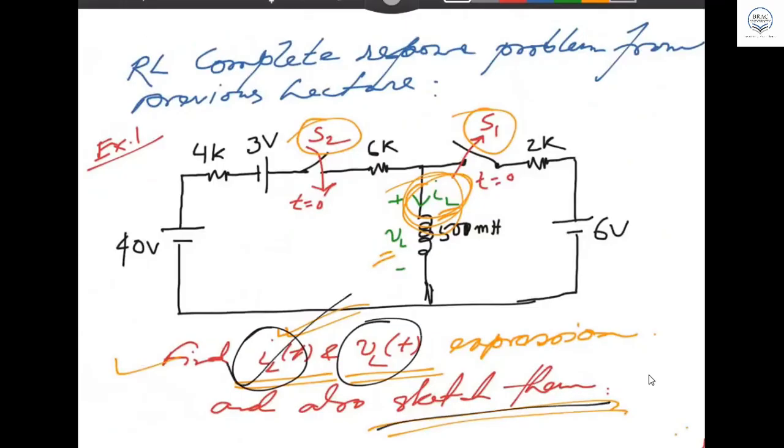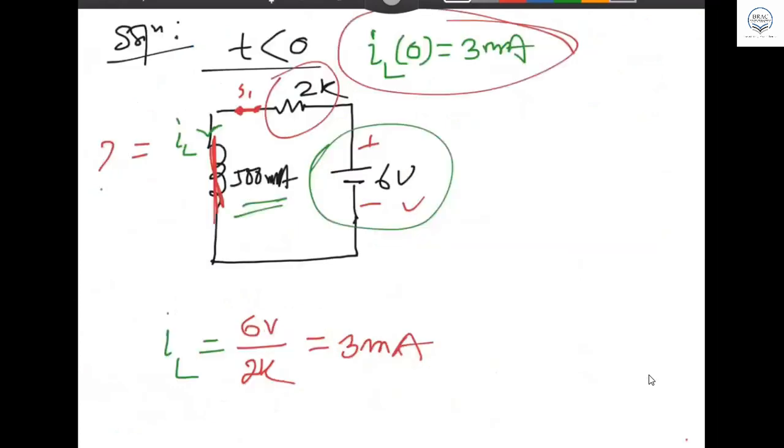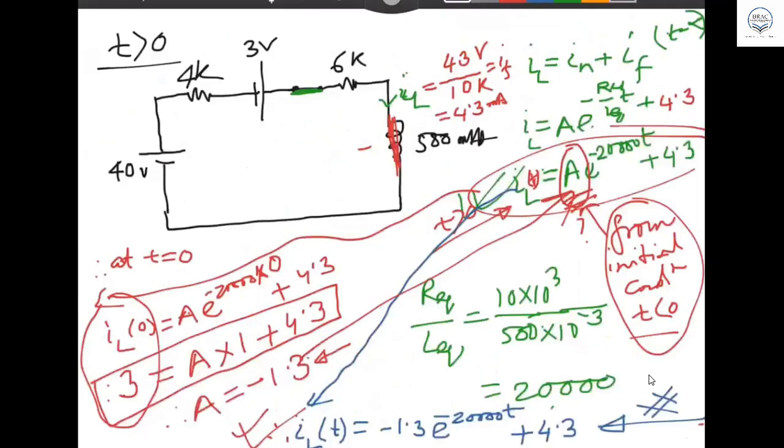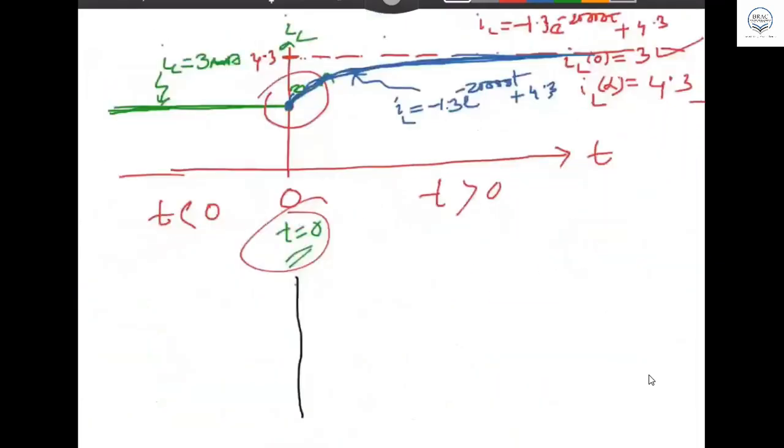You have already done the IL and sketched it. All you have to do now is the VL. After getting the IL curve, you straight away get your VL from IL.